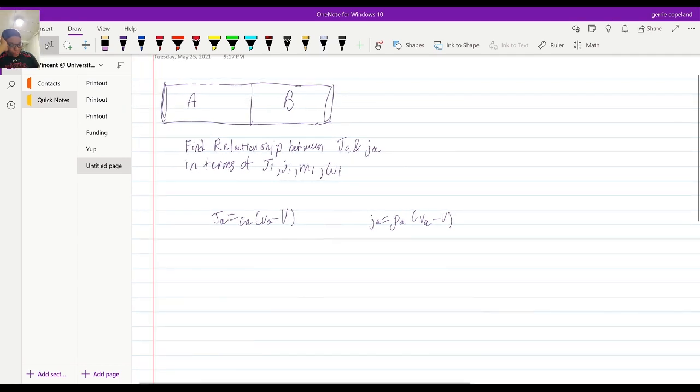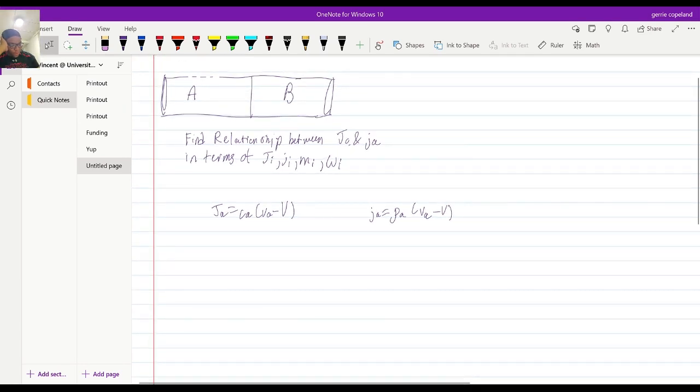From here, we want to see what we can get rid of. For this one, we know that the net molar flux is equal to 0, because it is in a contained system and nothing is leaving the system.